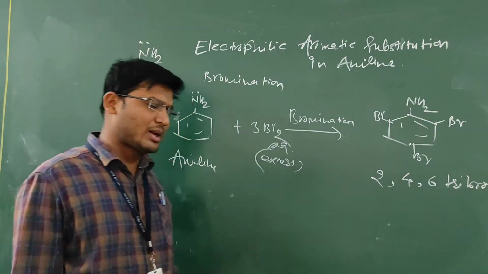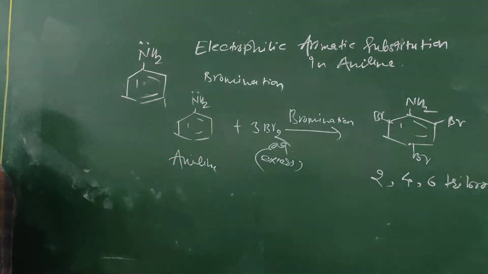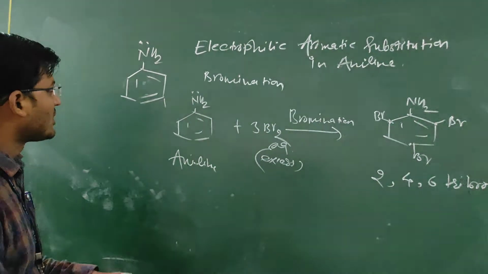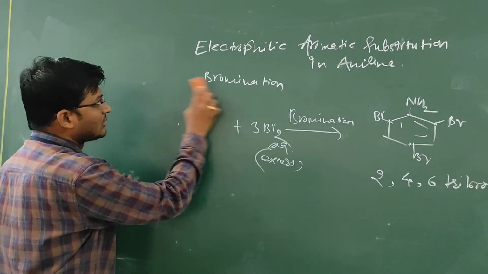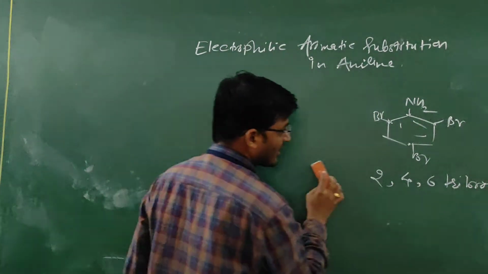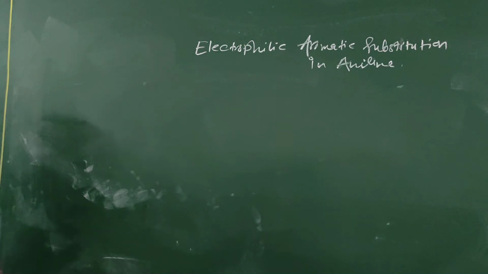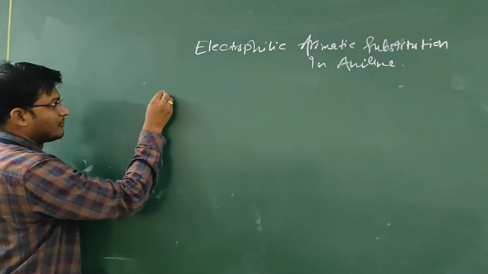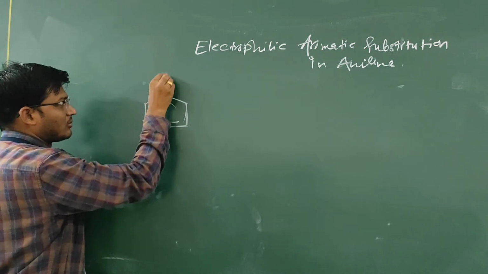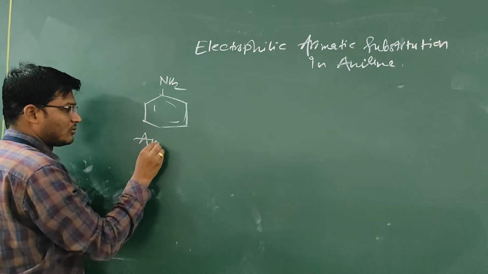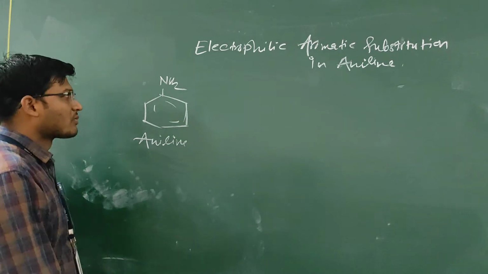Aniline also shows the nitration reaction. Now see what is nitration. This is all about bromination. Aniline shows the nitration.